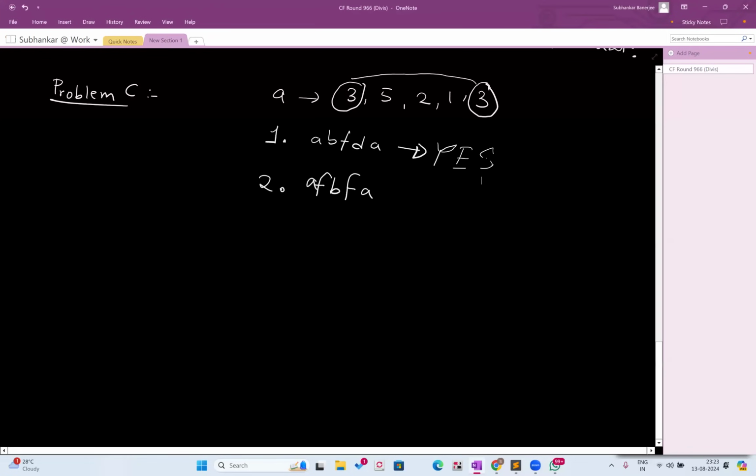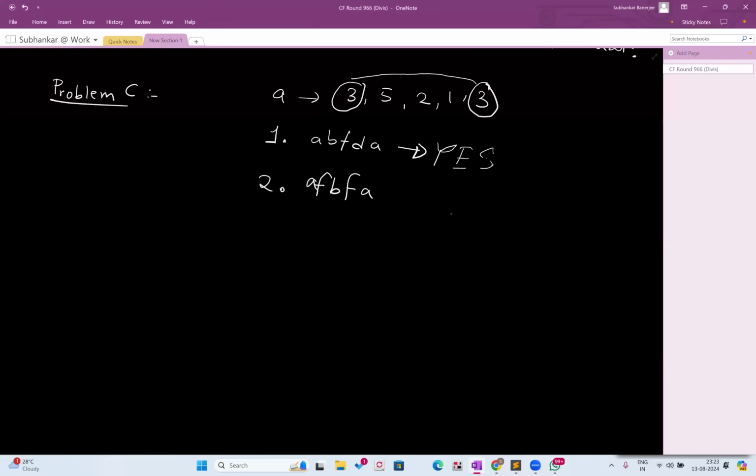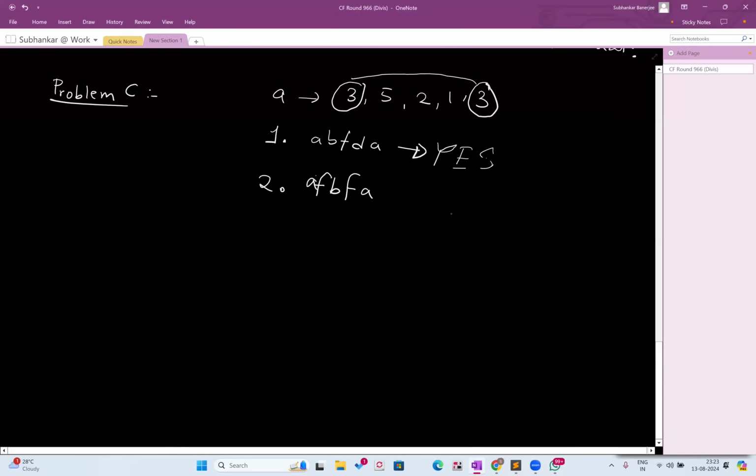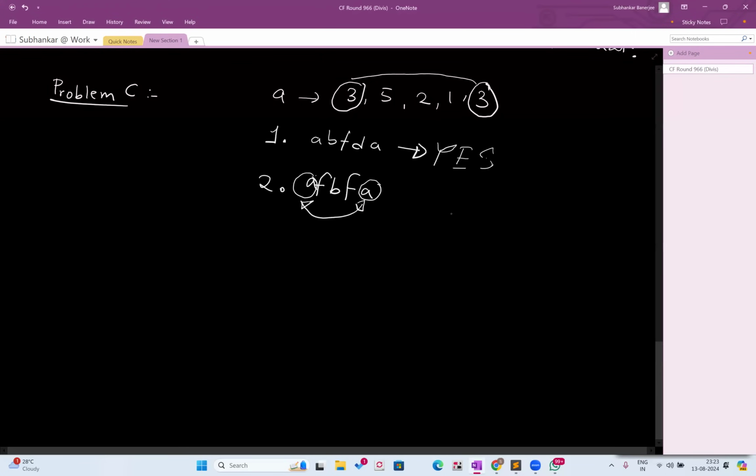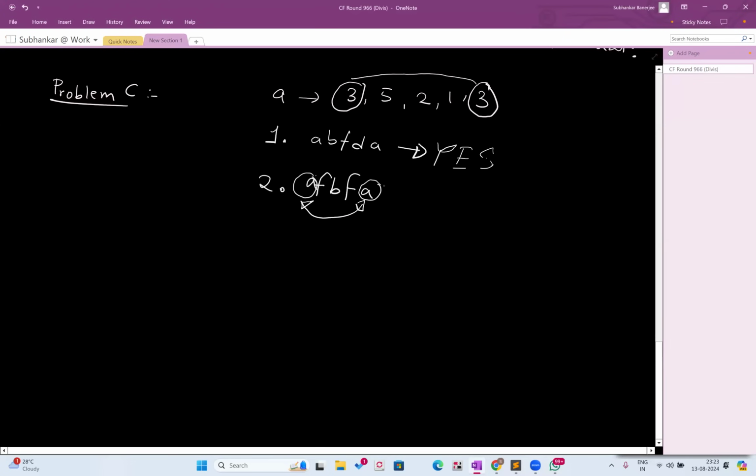And for the next test case, just these two positions are equal. That is fine. That is fine in this case also. These two string elements are also equal at those indexes.